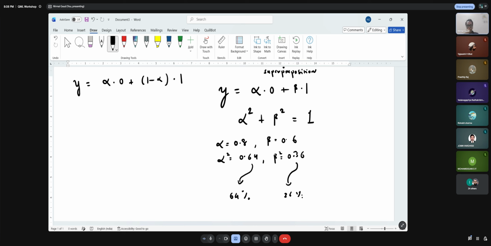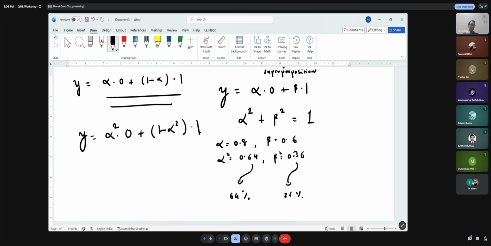We can do one thing. Don't write this. It's better to write y equal to alpha square 0 plus 1 minus alpha square 1. This will make sense according to me if you're talking about a probability, because from here the condition will be satisfied. This equation will be true.